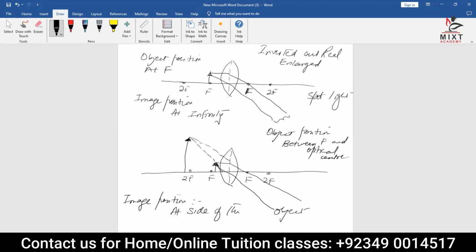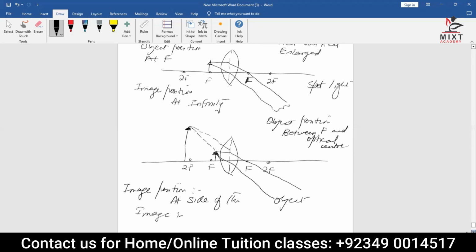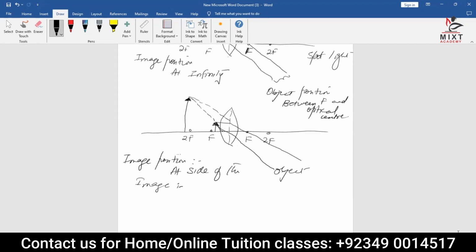Now, image, how does it look like? Is it a real and inverted image? Ibrahim, is it real, inverted? Anyone? Is it a real image or inverted image? No. Then this image is virtual and erect.